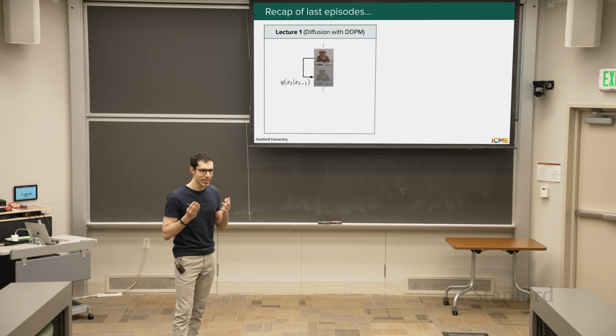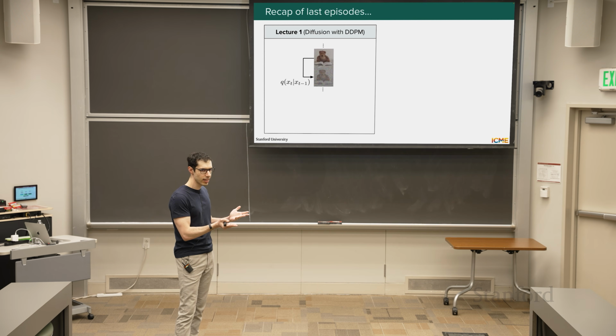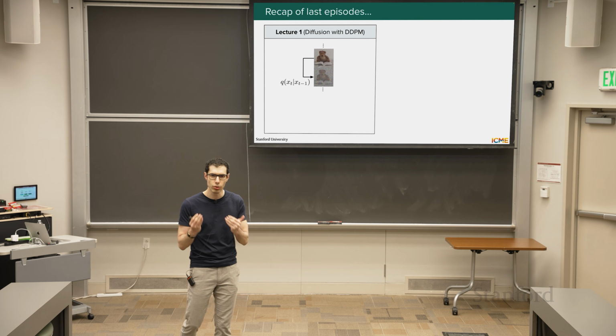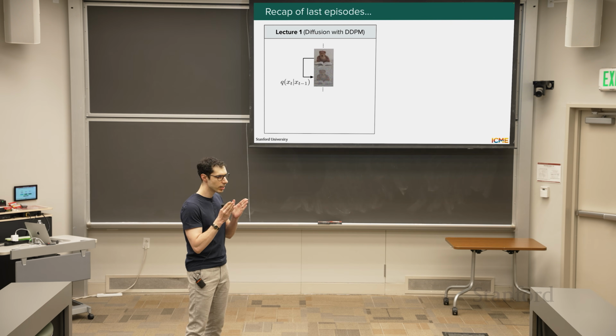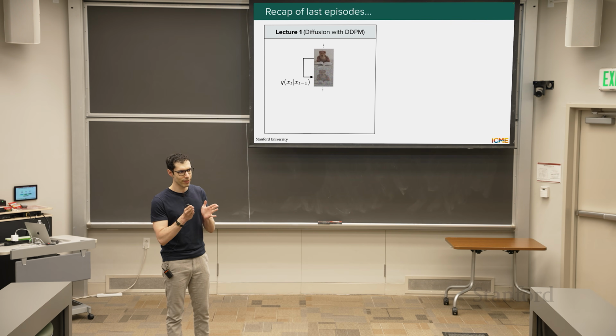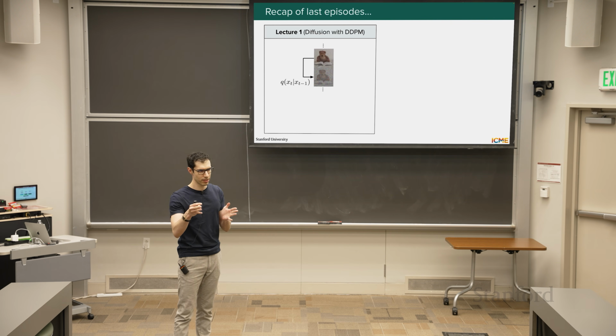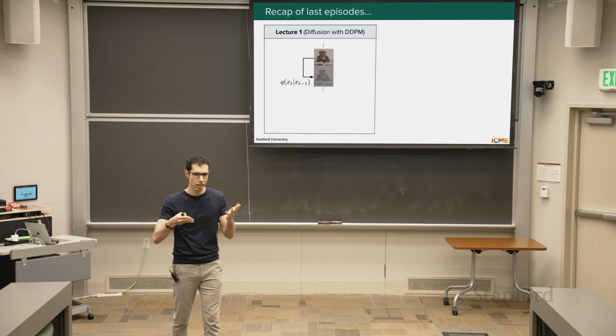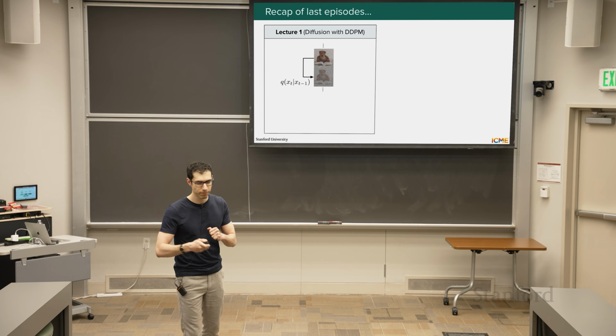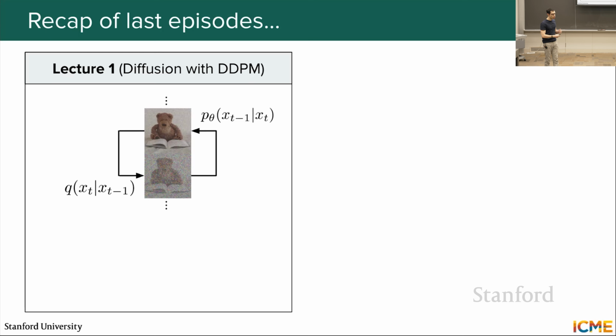And we gradually corrupted them with a process that we defined, a process Q, which, given an image at a given time step, noised it by adding some Gaussian noise weighted by some coefficient. The goal of diffusion with DDPM was to learn a reverse process, which we noted p theta, that removed the noise gradually.